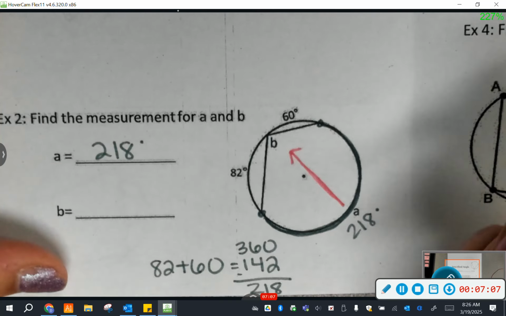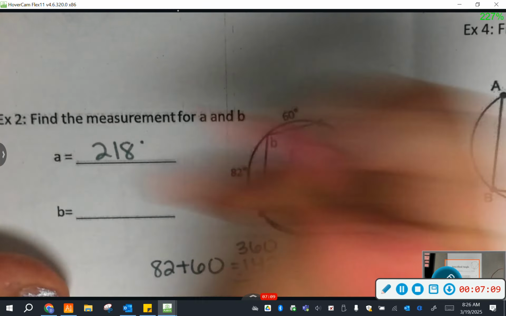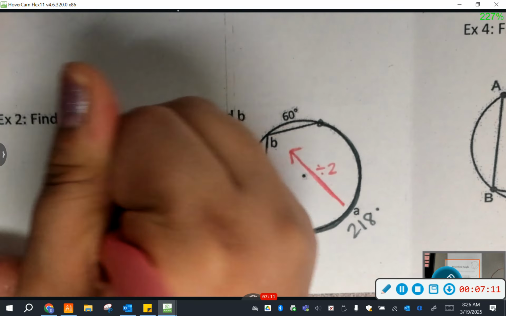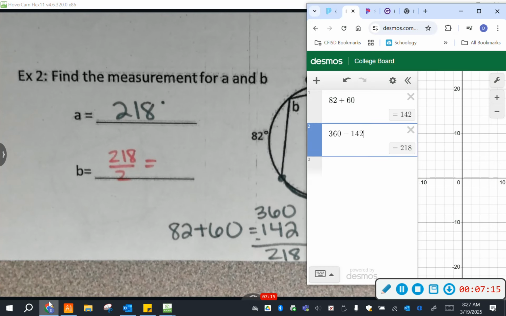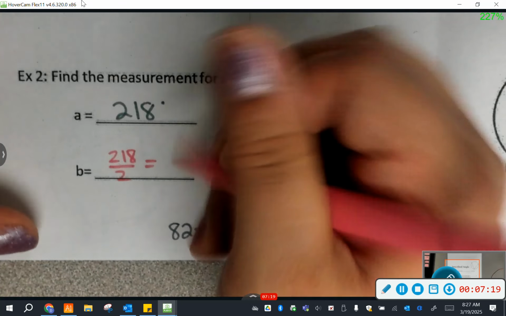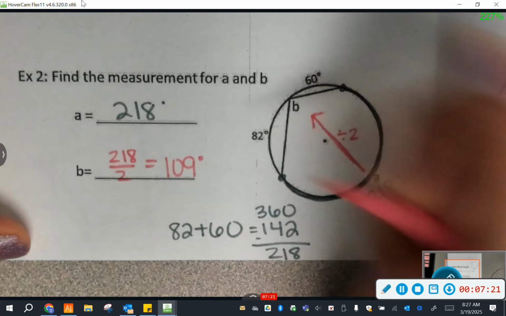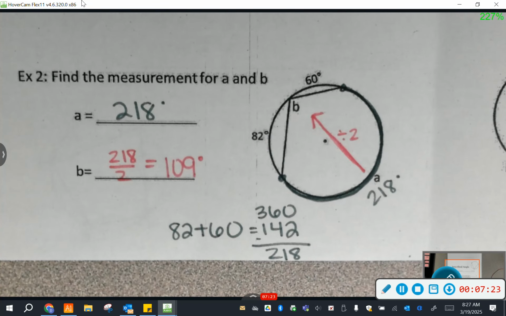We divided by 2. So I'm going to do 218 divided by 2, and that is 109 degrees. Do I have any questions?